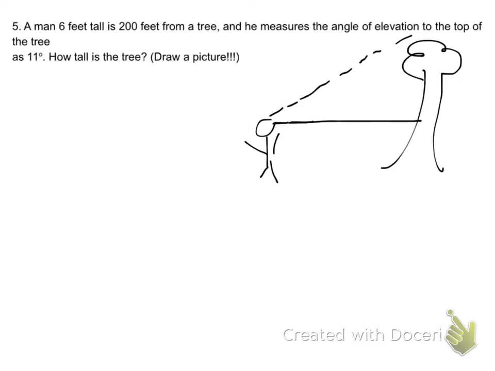Okay? This forms a right triangle. The whole idea that this man is 6 feet tall is that 6 feet is unaccounted for when you go to find the height of the tree. So that is important. Now, if we don't talk about the man, we just assume that this whole triangle goes all the way to the ground at that point.